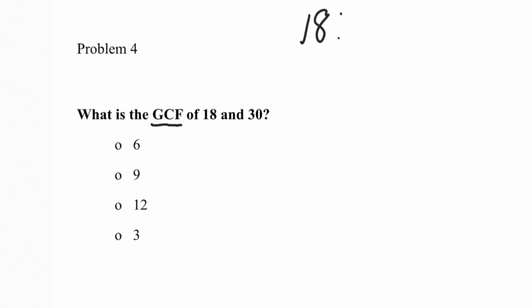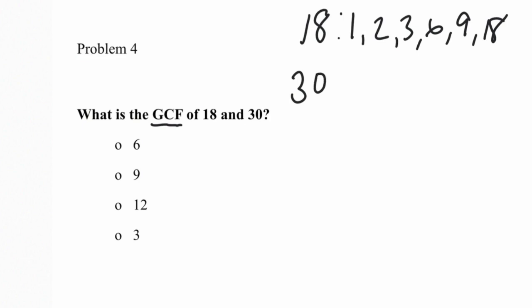Numbers that can be used to multiply to 18 include 1, 2, 3, 6, 9, and 18. Next, we're going to find the factors of 30. 1, 2, 3, 5, 6, 10, 15, and 30.